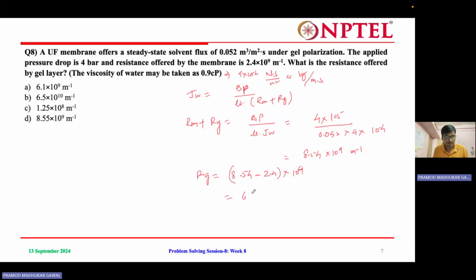So 6.14 into 10 to the power 9 meter inverse. So here is the resistance offered by the gel layer. Check the options. Option A is correct.